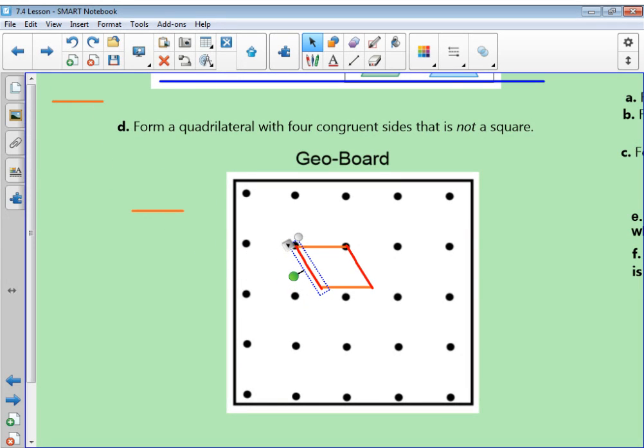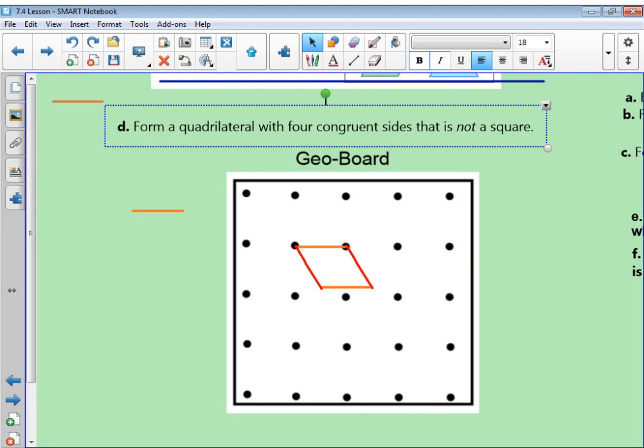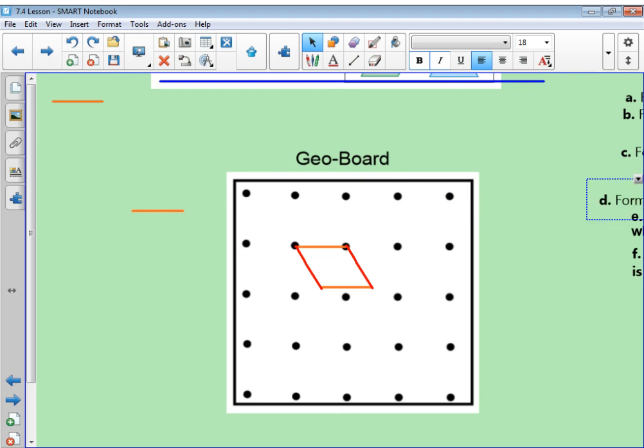So there we've got four sides that are congruent, so they're all the same length, but I don't have right angles in there. Okay, so once again, you're just kind of working through the different concepts that they're giving you.